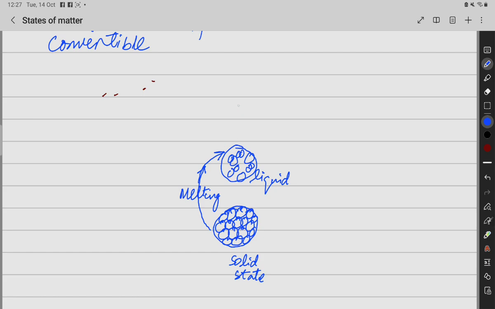And when it is continuously heated, it changes into gas. And this is known as evaporation. And when gaseous state is cooled down, particles become closer and change into liquid state.